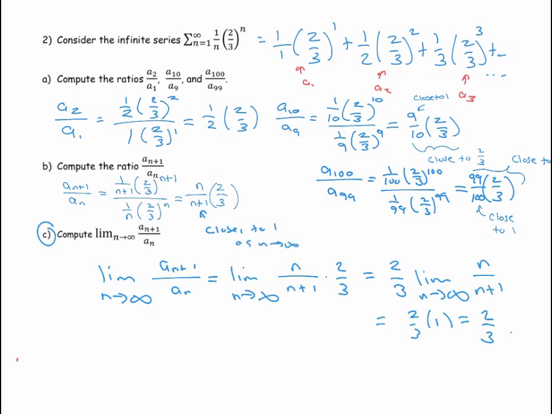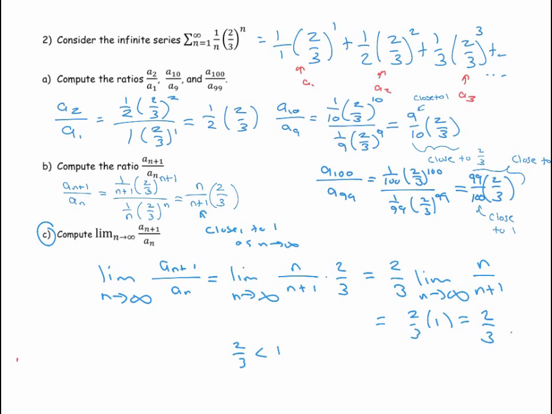which means that it's as though this series starts to behave like a geometric series in which the r value is 2/3. So what we're going to conclude is that since 2/3 is less than 1, we're going to use the same criteria that we used for a geometric series.